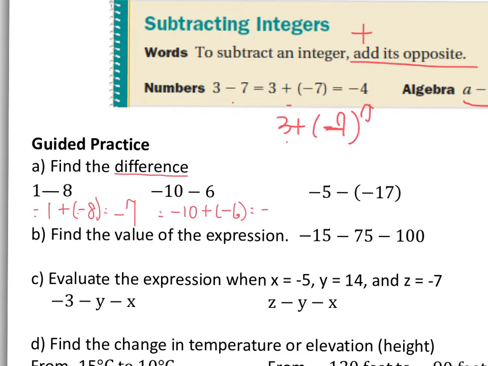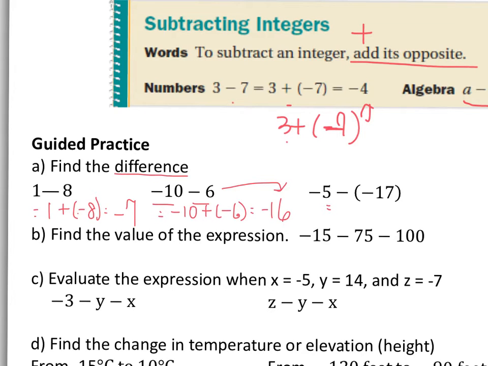Same sign, negative 16. So if we can see that this is negative 10, this is negative 6, which is negative 16. That would be a quicker way.